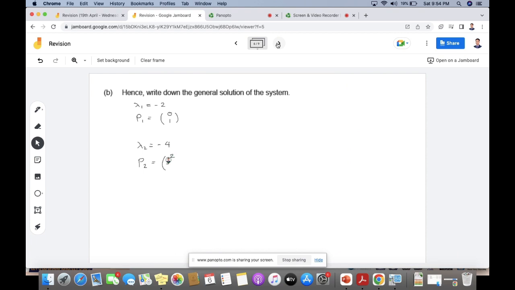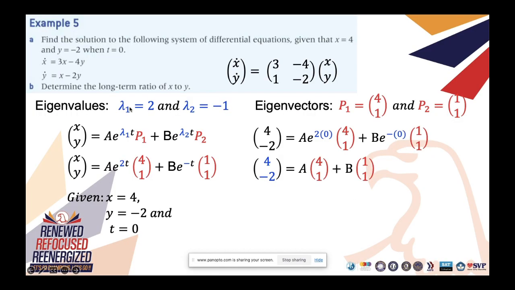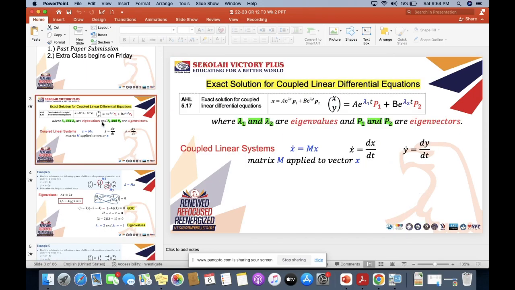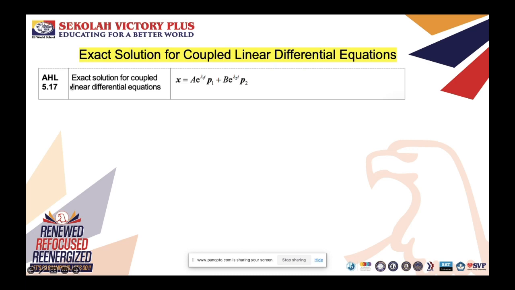All right. To find the general solution, we actually go back to the formula booklet. It's actually found in the formula booklet. Okay. It's actually here. I've shown this in class before. It's found in AHL 5.17. This is exact if we find the value of A and B. But if we retain it as A and B, that is general.